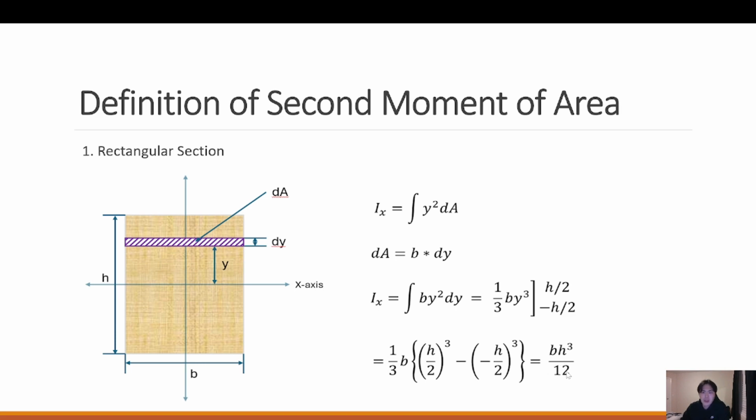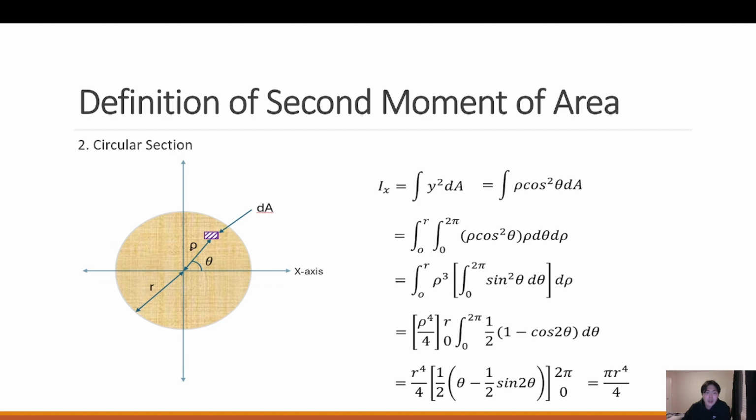So second moment of area about x-axis for this rectangular section is bh cubed over 12. I told you the greater the second moment of area is, the greater resistance a section has for bending. And since it is proportional to h cubed, its value rapidly increases if you increase the height of the section.